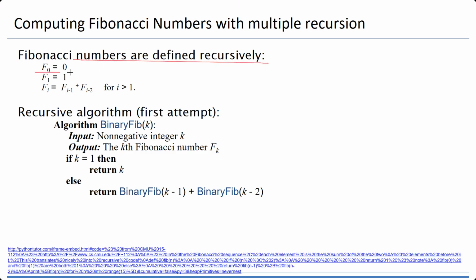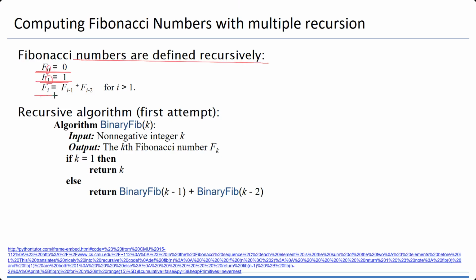Now let's look at F0, F1, and Fi. We need to define what 0 is, and we can specify that index 0 is 0 and index 1 has a value of 1.